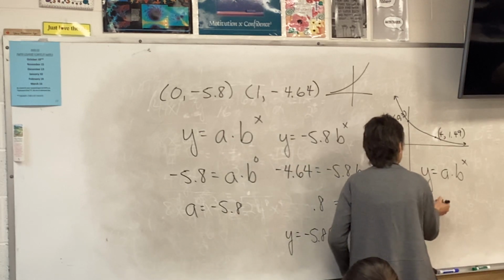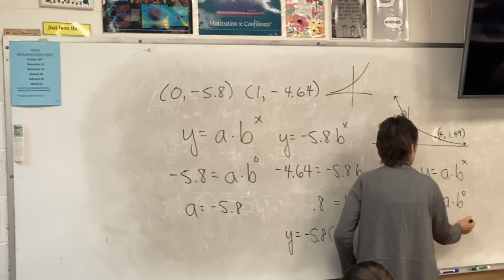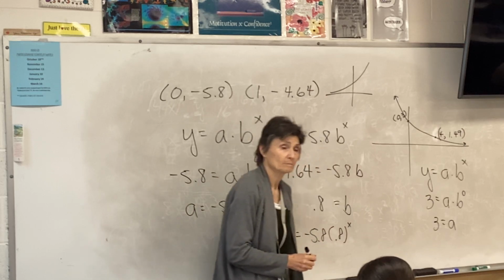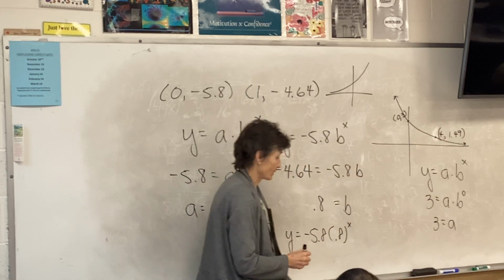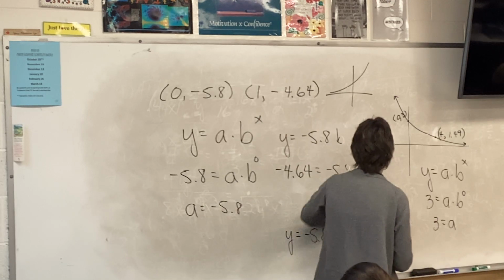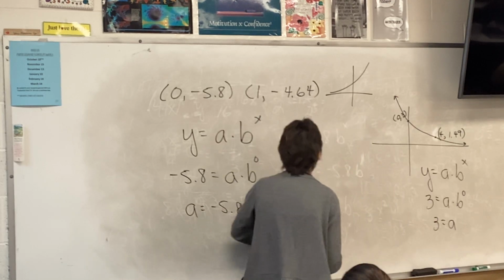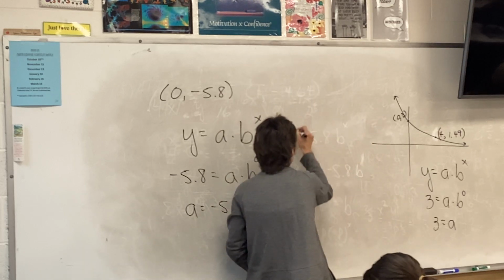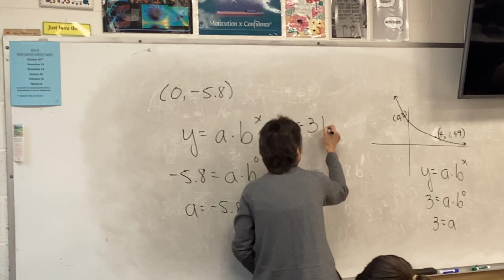So 3 equals a times b to the 0th, which means a equals 3. So now our equation looks like y equals 3 b to the x.